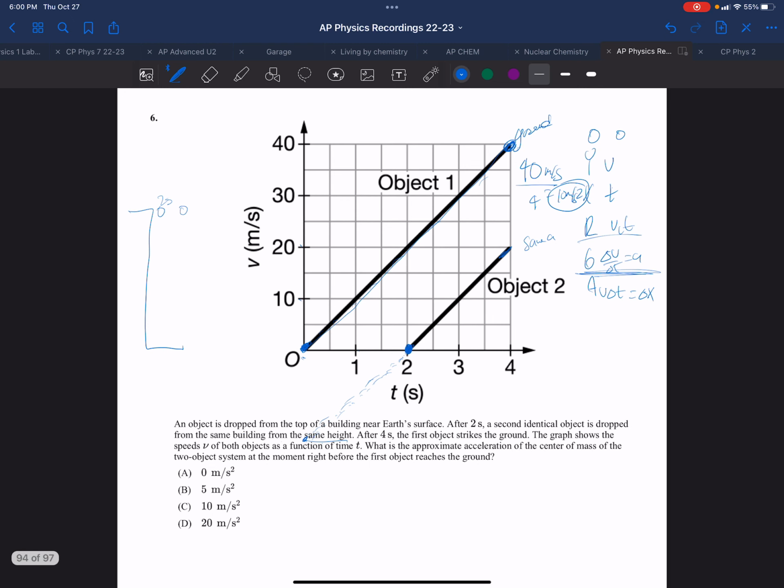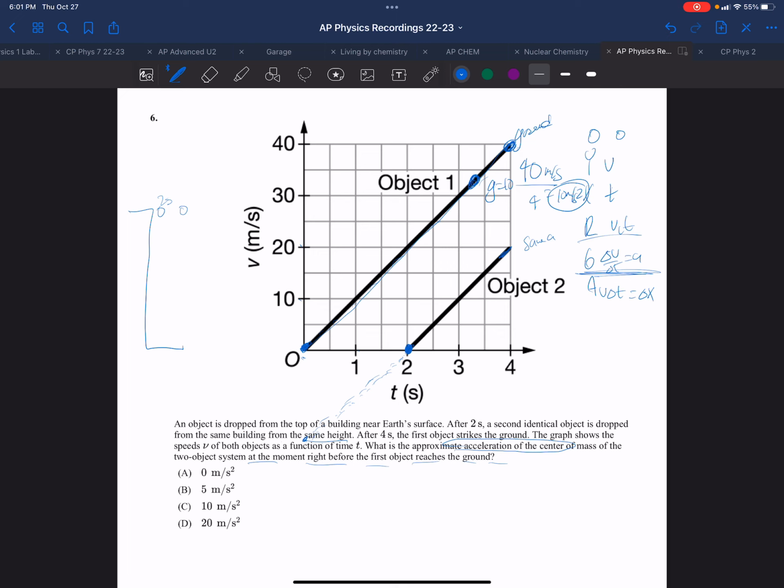The graph shows the velocity. What is the acceleration of the center of mass of the two object system from the moment right before the first object hits the ground? At the moment right before it hits the ground. Now, what we know is the center of mass of object 1 has an acceleration of 10.